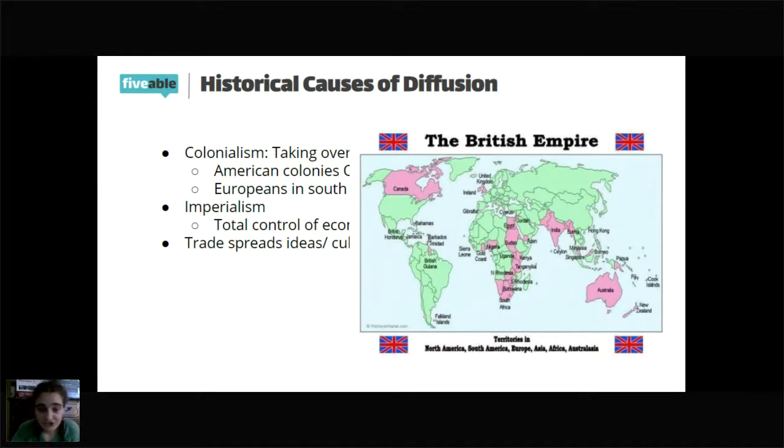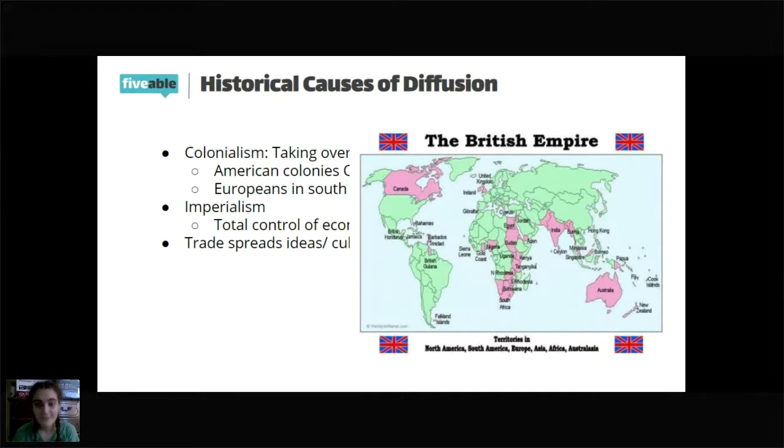We have another question. What are some advantages and disadvantages of diffusion? Well, this is a great example of disadvantages: forced diffusion and oppression. Imperialism and colonialism underlie oppression, right? Forced diffusion that's not going to cause improvement and progress in society is a disadvantage.